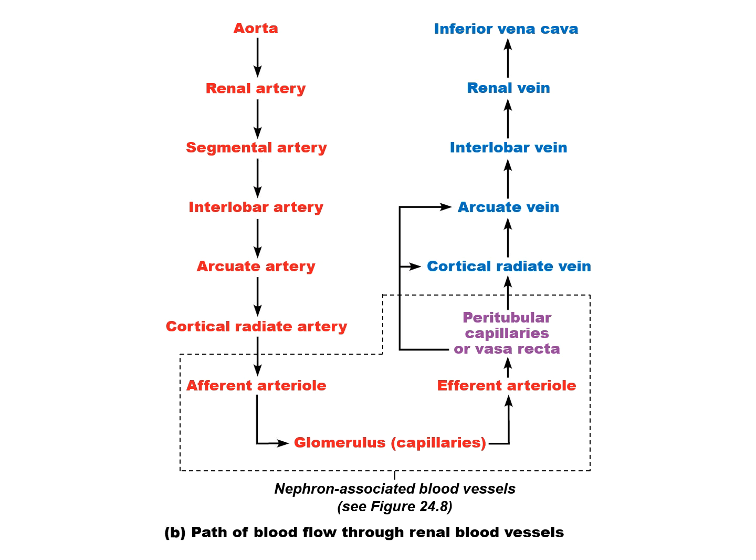And so those capillaries, depending on the type of nephron that we're talking about, are either going to be called a peritubular capillary or a vasa recta capillary. And then we lead into what we've already talked about, the cortical radiate vein to the arcuate vein, to the interlobar vein, to the renal vein. Notice that there was no segmental there, back to the inferior vena cava, and that blood is taken back up to the heart.